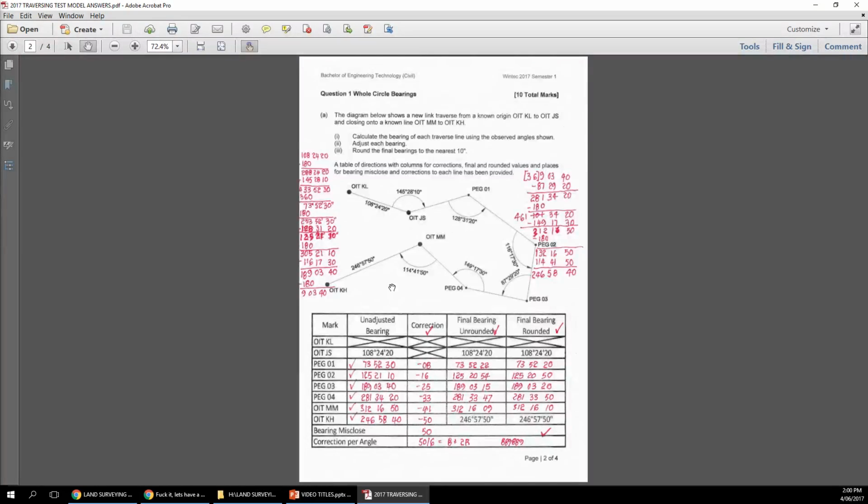Okay, now 6 goes into 50 8 times. Well, 50 divided by 6 goes into 8: 6 8s are 48, and there would be 2 left over, 2 remainder.